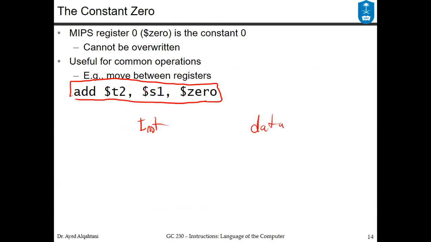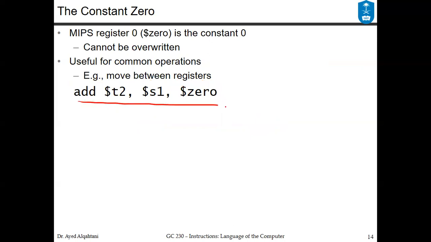Now here we have 3 data. We have this data, which is going to be 32-bit, having only zeros inside it. S1 has 32-bit, and T2 is 32-bit. Now this instruction, we write it in zeros and ones using also 32-bit.